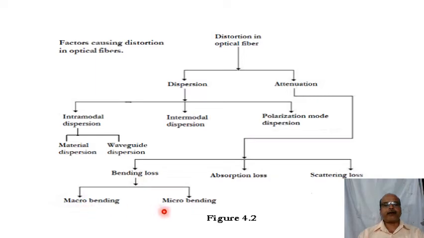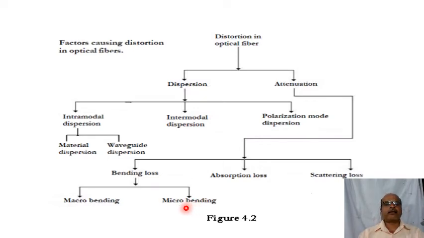That is macro and micro. So, micro bends in optical fibers. How to reduce this bending effect? We can use a compressive jacket over the optical fiber, and also if we take care in the packaging, then we can reduce this type of bending loss.